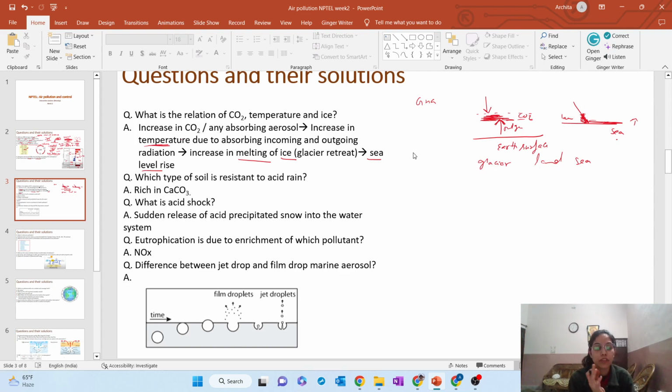For example, the next question is about which type of soil is resistant to acid rain. Now we know there are different characteristics that define whether a soil is good or bad. For example, its water holding capacity, that is how much water a soil can hold, its salinity, its nutrient contents, and its pH.